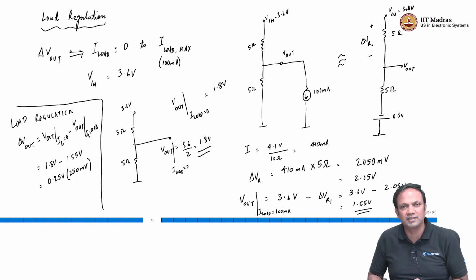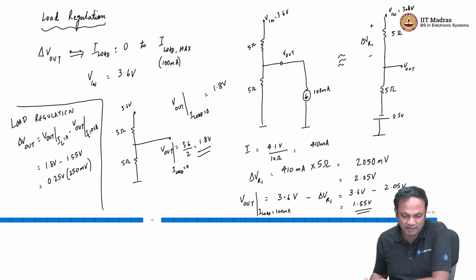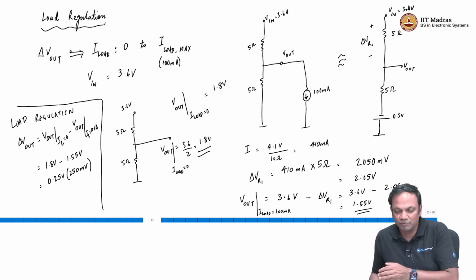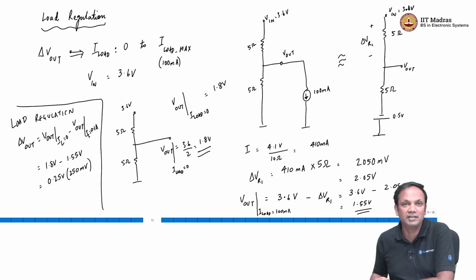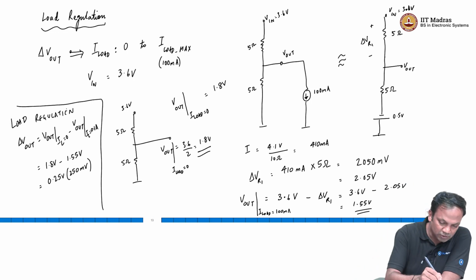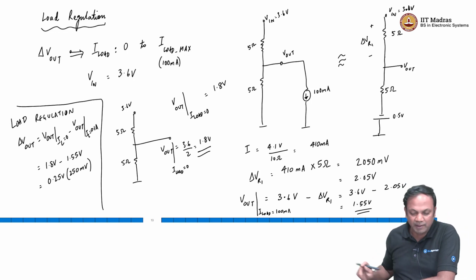As you keep reducing the resistance, you would think that it will remain invariant with respect to load current, but even at 5 ohms of resistance, the invariance to load current is not very good. So, when the load current changes from 0 to 100 milliamp, the output voltage is changing by almost 250 millivolt, right. So, this is something for us to keep in mind.